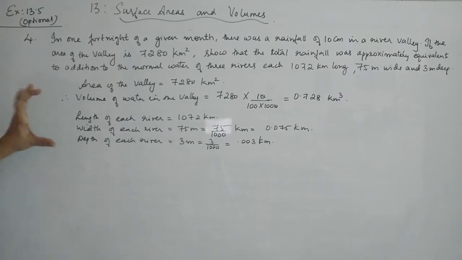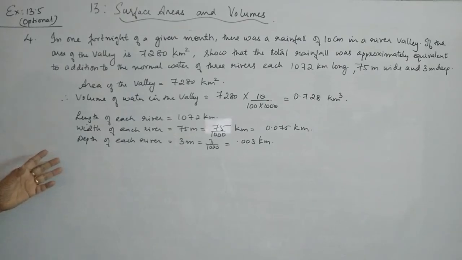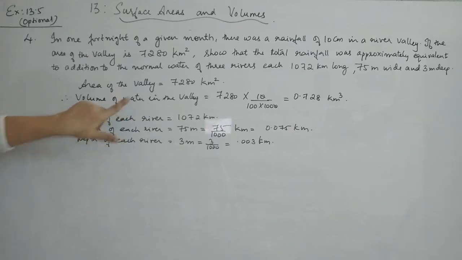Now the volume of one river you will get, and then you can find out the volume of 3 rivers, that is 3 into the volume of one river, and you have to check whether this is the same as the volume you got for the valley.